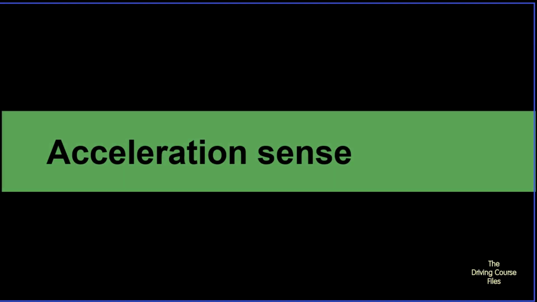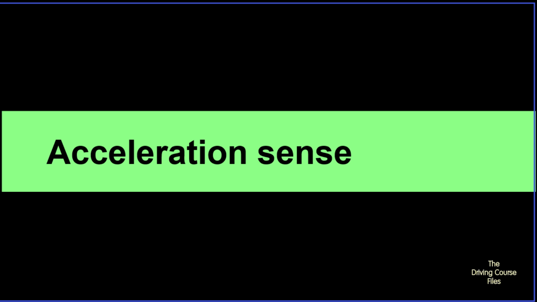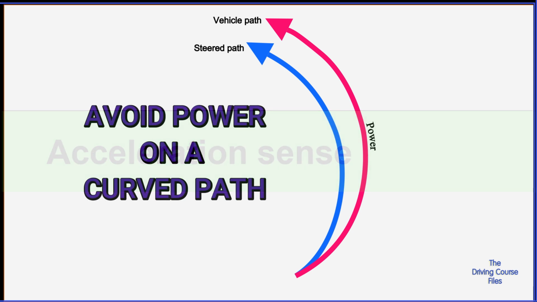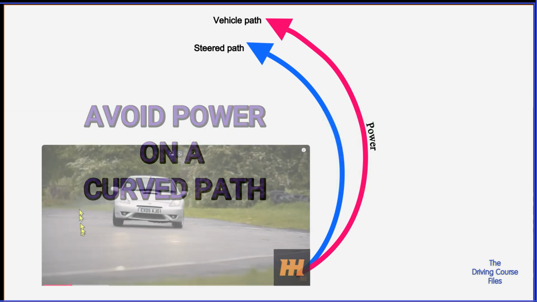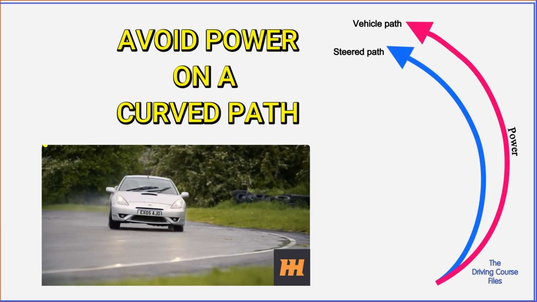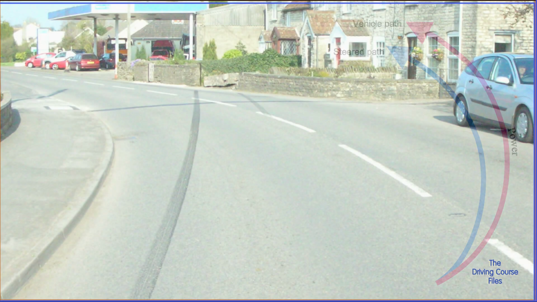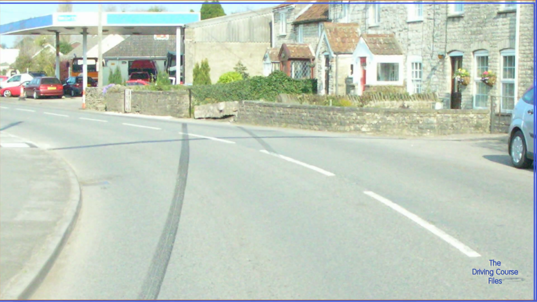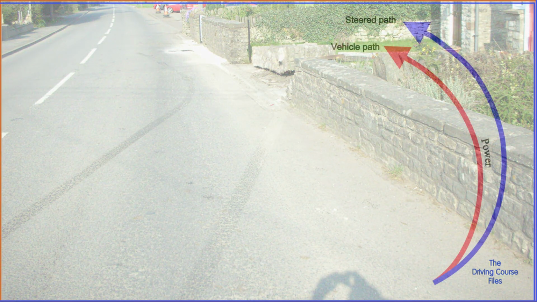Finally, there is acceleration and acceleration sense. In simplistic terms, as much as possible, avoid applying power in a curved path. In most vehicles, this would induce a path wider than that selected by the steering, and many problems occur by applying power on a curved path.